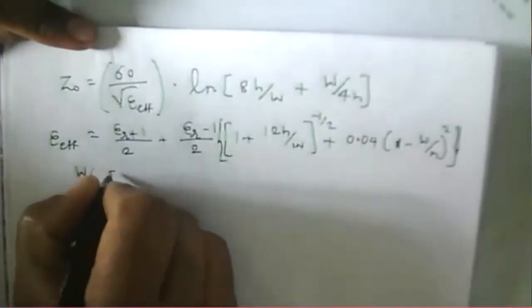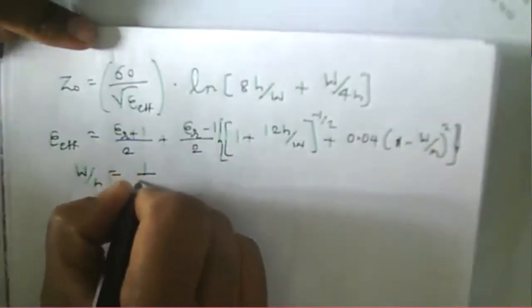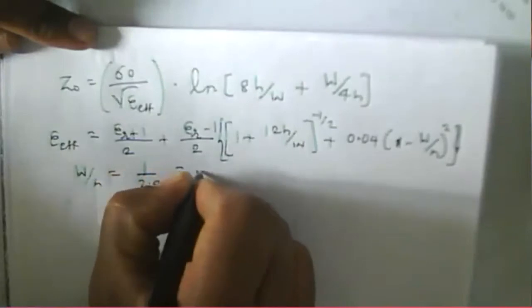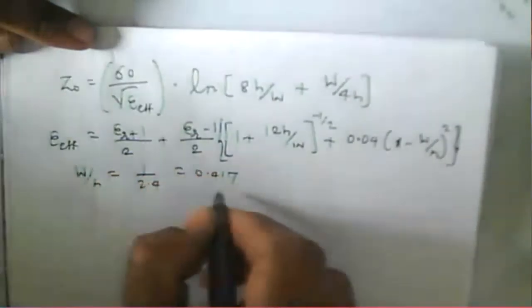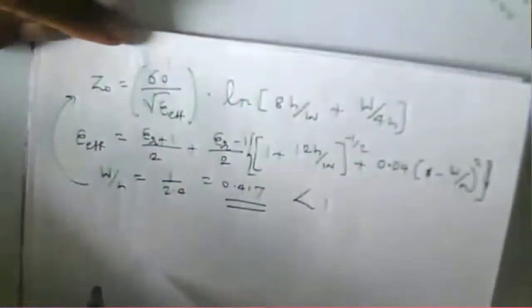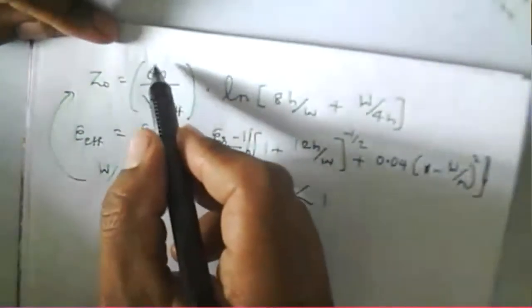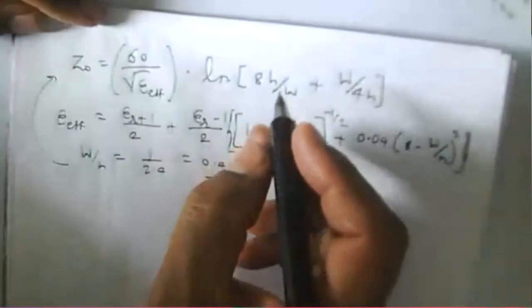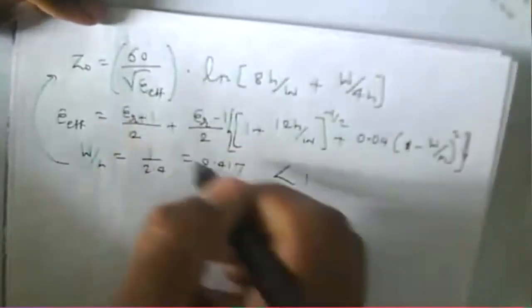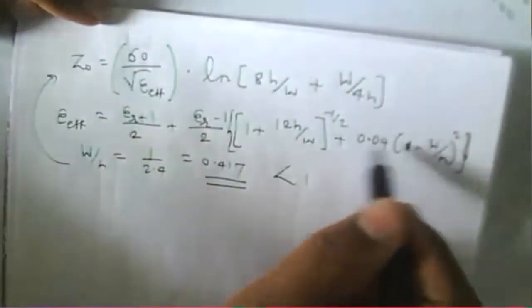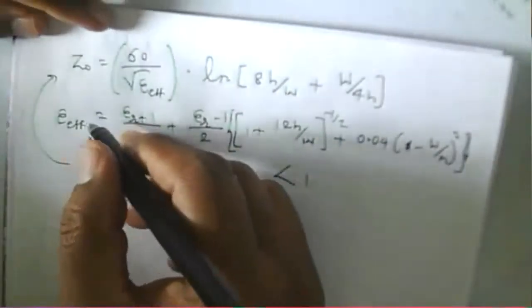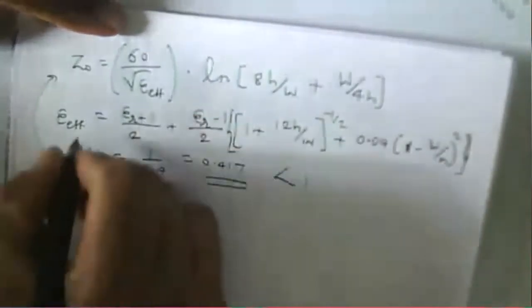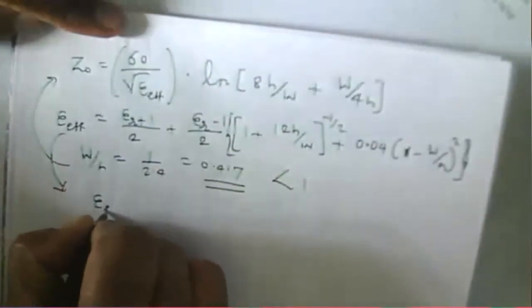Now you can put epsilon r equal to 8.4 here, and the H by W and W by H ratio. W by H is equal to 1 by 2.4, which is 0.417. Since the W by H ratio is less than 1, this equation works.